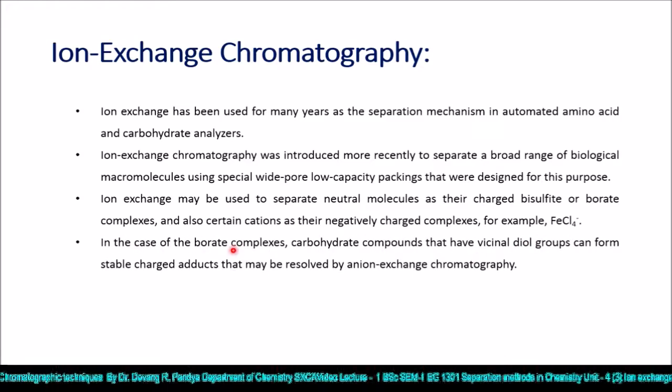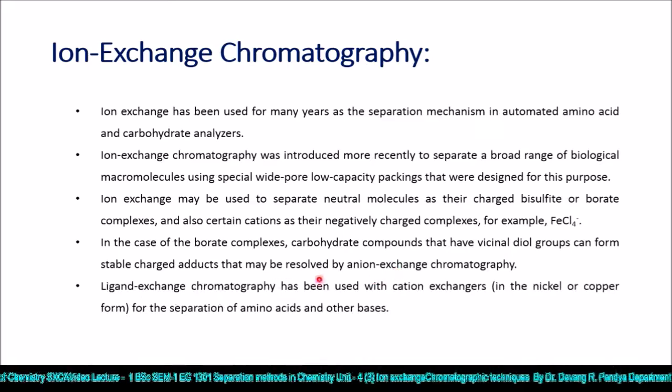In the case of borate complexes, carbohydrate compounds that have vicinal diol groups can form stable charged adducts that may be resolved by anion exchange chromatography. Ligand exchange chromatography has been used with cation exchanger in the nickel or copper form for the separation of amino acids and other bases.